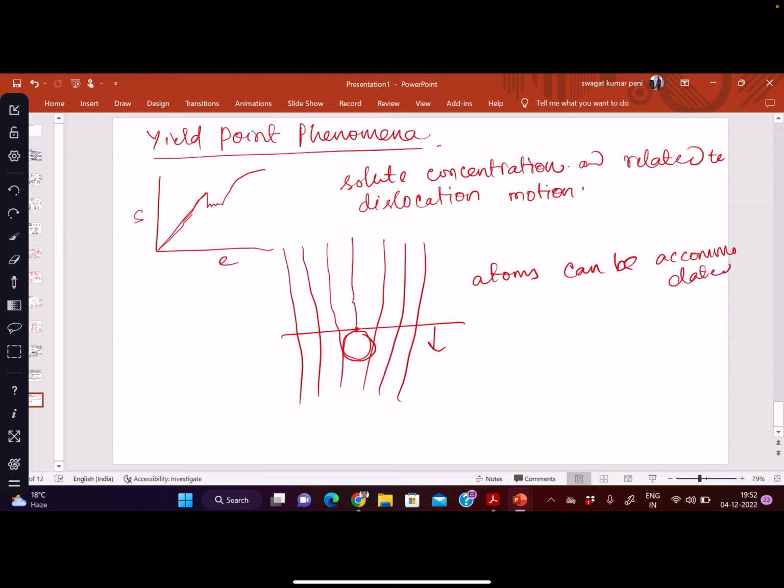Below this side we have tensile residual stress, and on this side we have compressive. As the place here is big, just below the core of the dislocation, this attracts solute atoms like carbon and nitrogen.